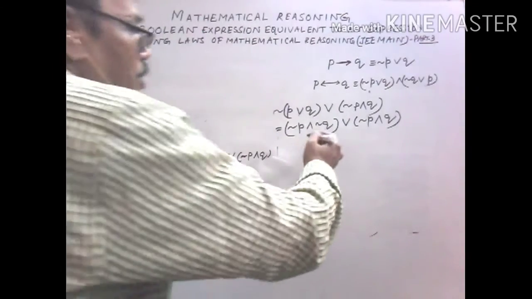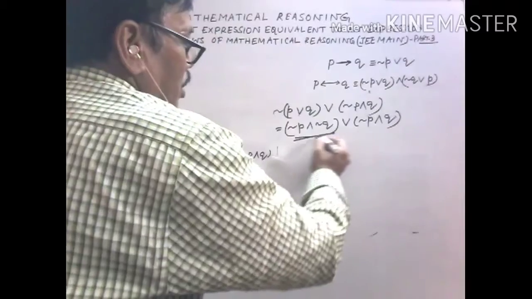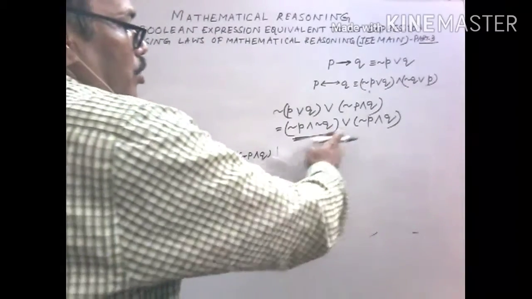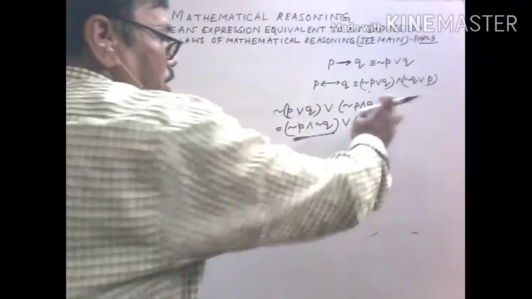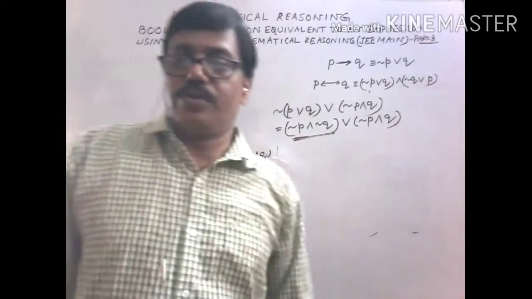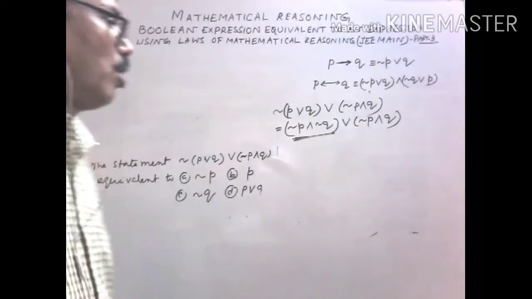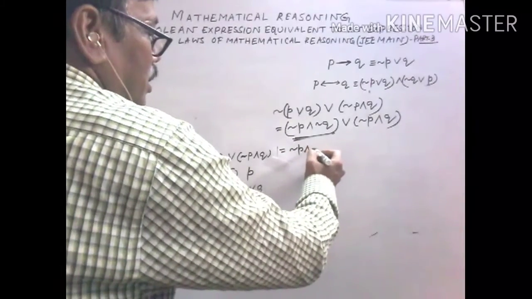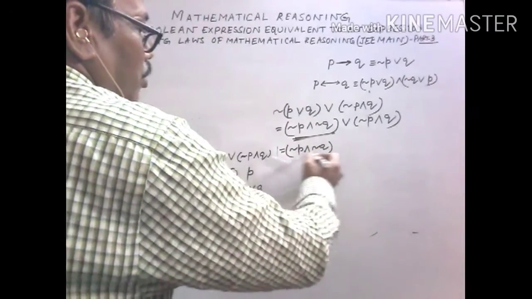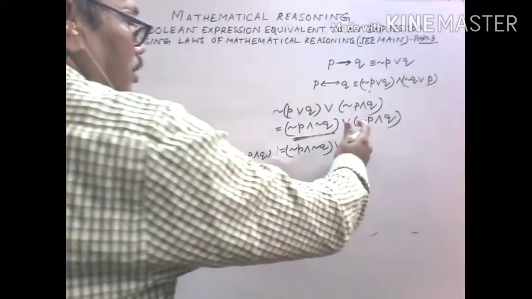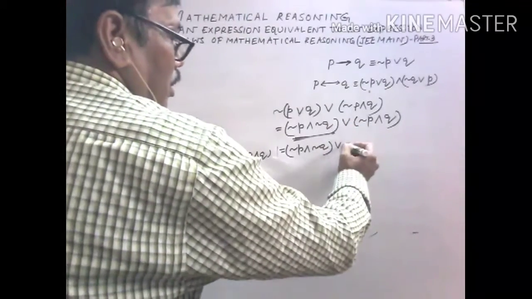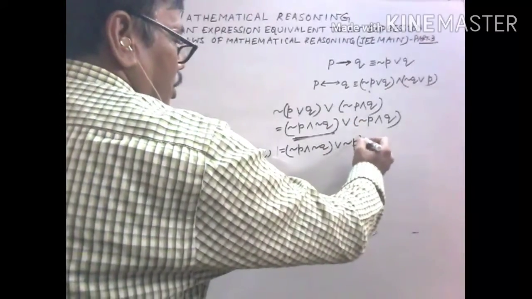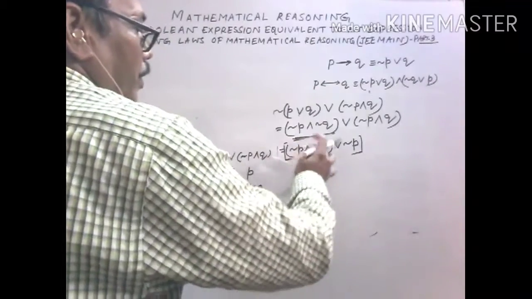Now, if we consider this as one statement, then this is union, this is intersection. We can use distributive law. So what is distributive law? Negation P intersection negation Q, union negation P. So this is one.